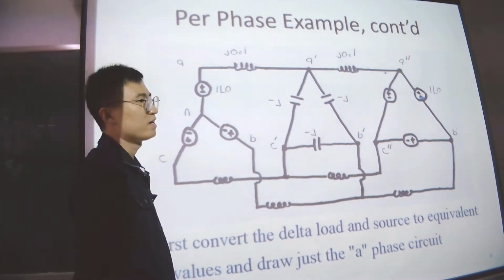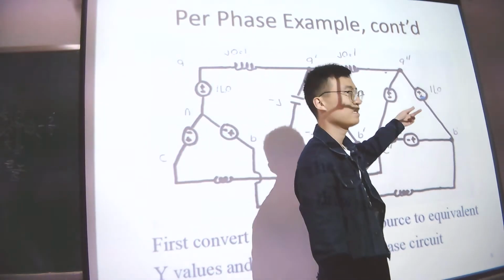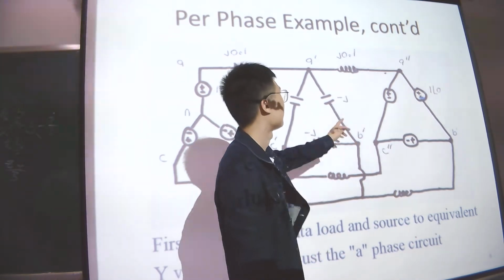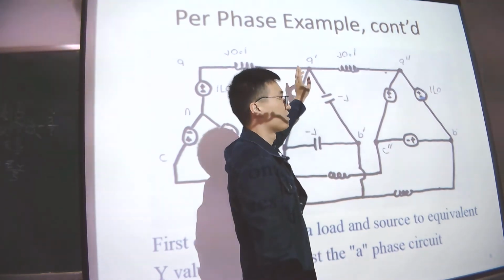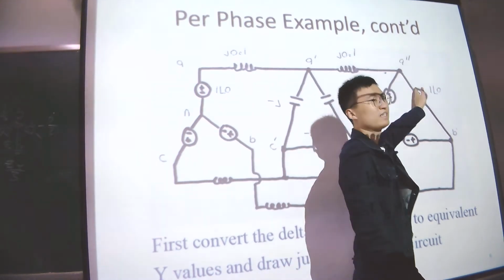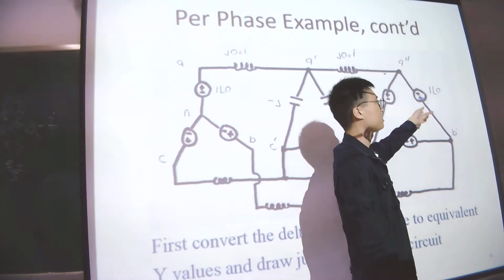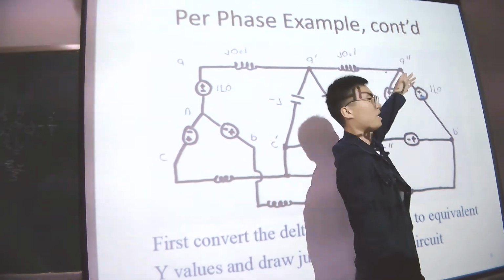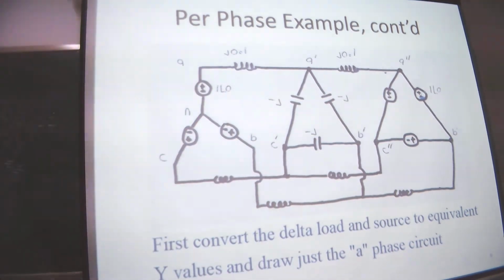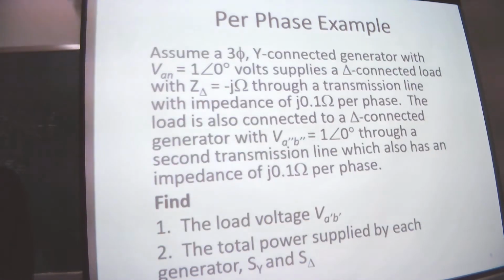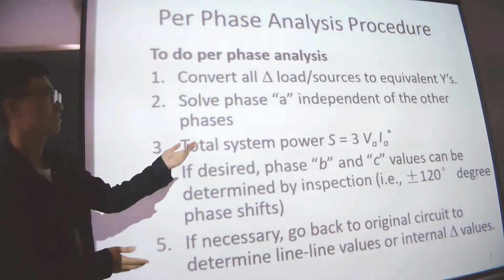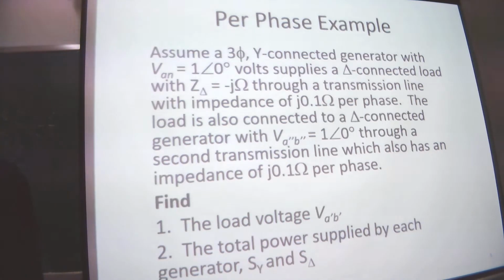But on the right side of the system, in the delta, the impedance at node A, phase A here, its power comes from this and this, right? Both of these two generators or sources will send the power together. So in that case, we should go back to the first step, converting the delta to Y connection.